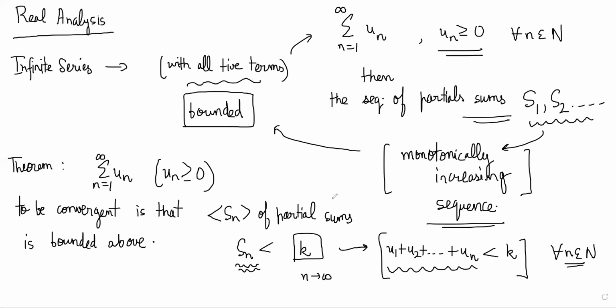The only condition here is that the terms are positive. If the terms are positive, then the partial sum sequence is monotonically increasing, and a monotonically increasing bounded sequence is convergent, right? So that is one way to check for convergence of these types of infinite series.